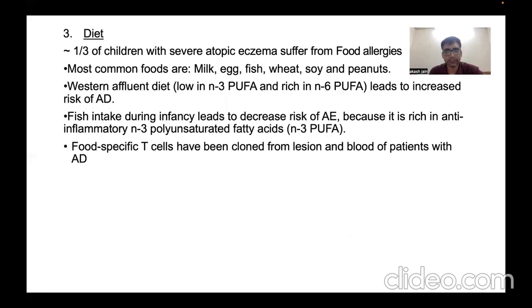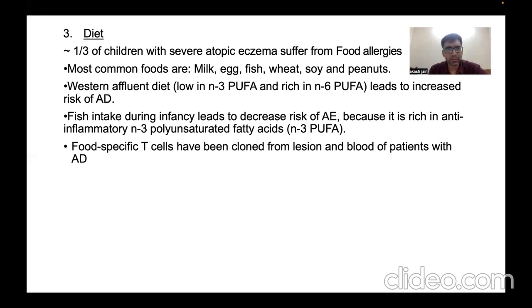And third is the diet. One third of the children with severe atopic eczema suffer from food allergies. Most common foods are milk, egg, fish, wheat, soy, that is soybeans, and peanuts. So these are the most common foods that can cause allergy or atopic eczema, including non-vegetarian like egg, fish, soybeans, peanuts, and milk.